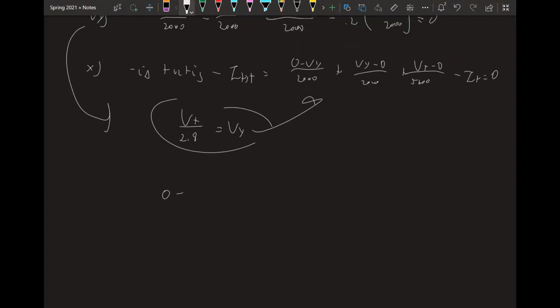This is negative V test over 2.8 times 2000, plus V test over 2.8 times 2000. Plus V test over 5600.